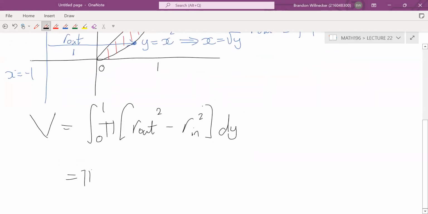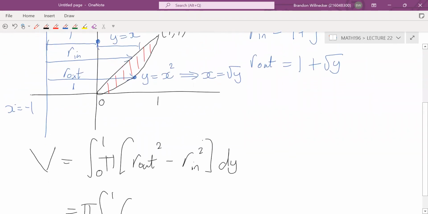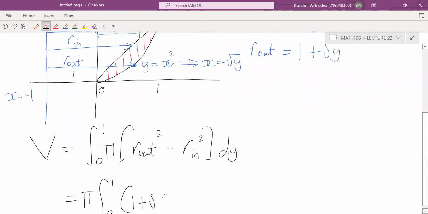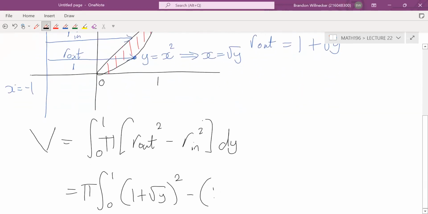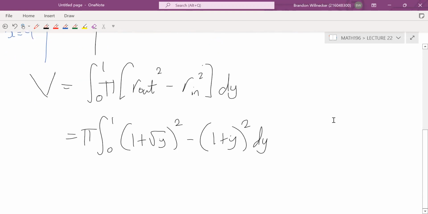So this is going to be pi integral from 0 to 1. R out squared is going to be 1 plus root y, all of that squared, minus r in squared, that's going to be 1 plus y, all of that squared. Okay, and then, of course, we need dy. So let's just expand this out, and then we can integrate.